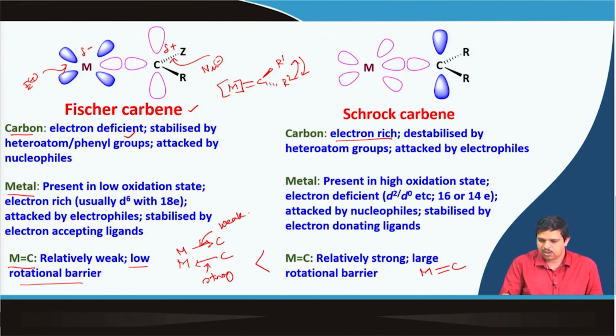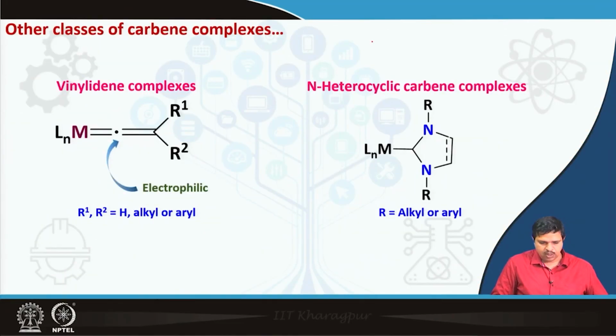This is electron rich, that means delta minus on carbon and delta plus on the metal. We already discussed why there is a difference: in one case delta minus and in the other delta plus on the carbon, and exactly reverse on the metal centers.